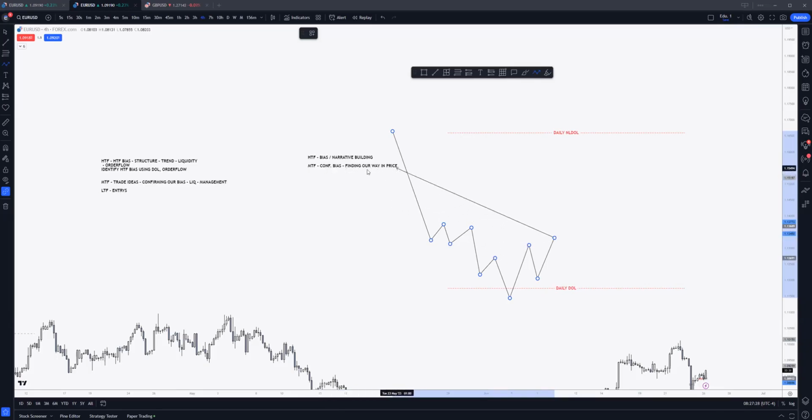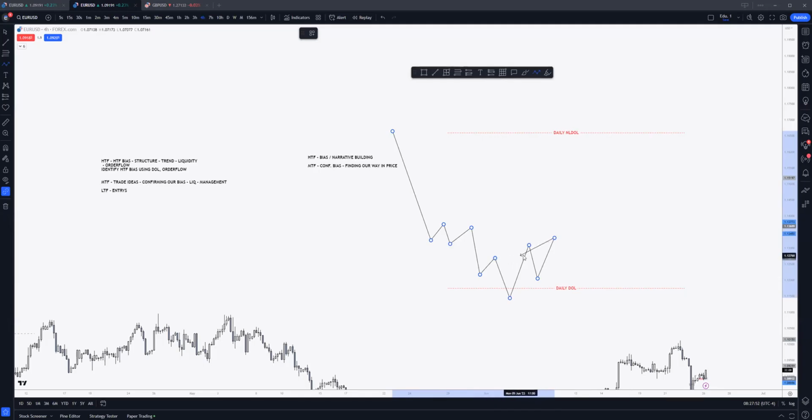And now our job is to find our way in price, because we know that maybe on the daily it might be a pretty smooth journey there, but we understand on the medium time frame, it's not. On the medium time frame, you're going to get little downtrends, little uptrends, right? Fractal moves of the market. So we use the medium time frame to then find our way within this larger bias. For example, we've broken up.